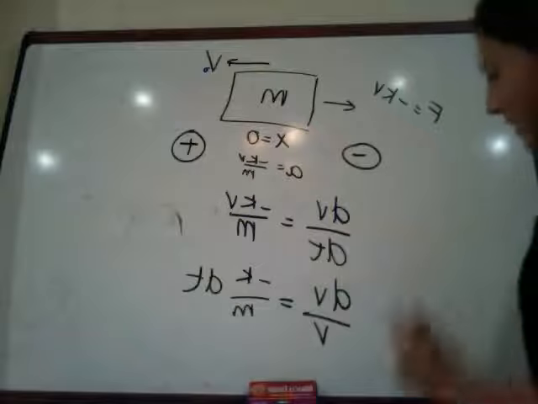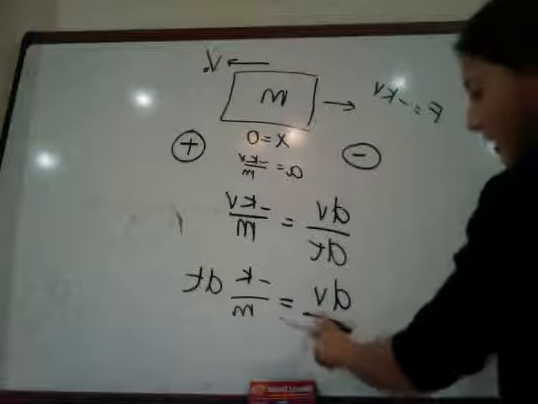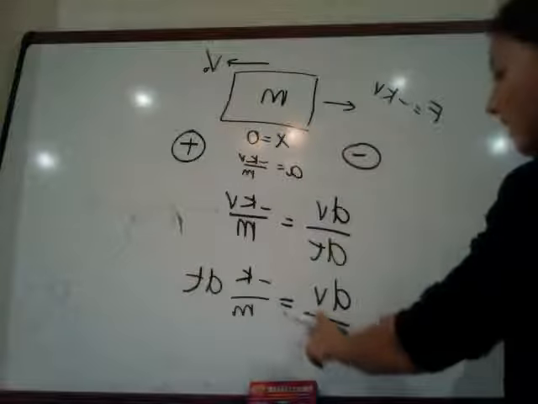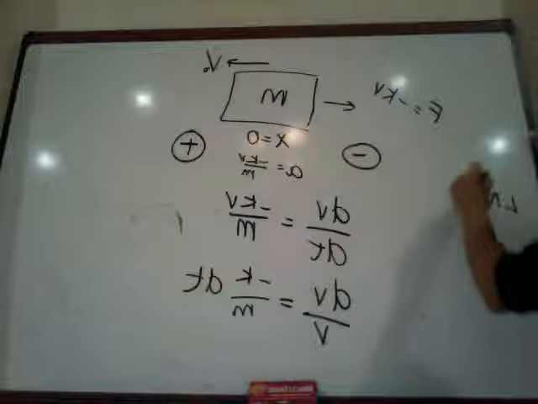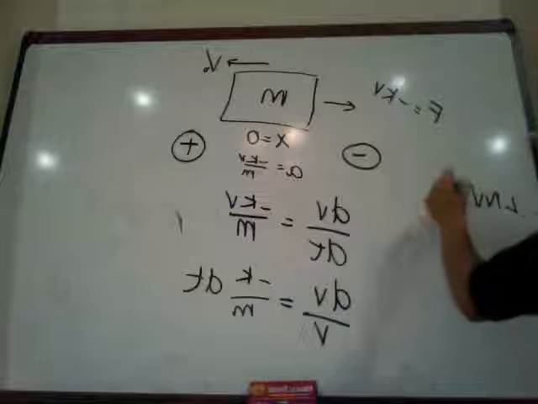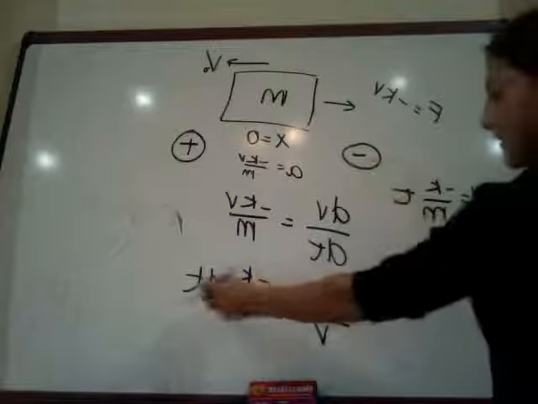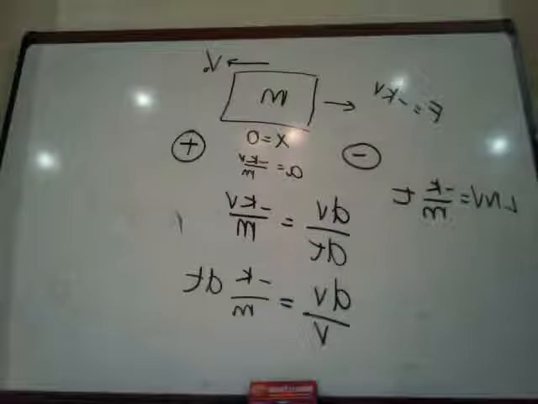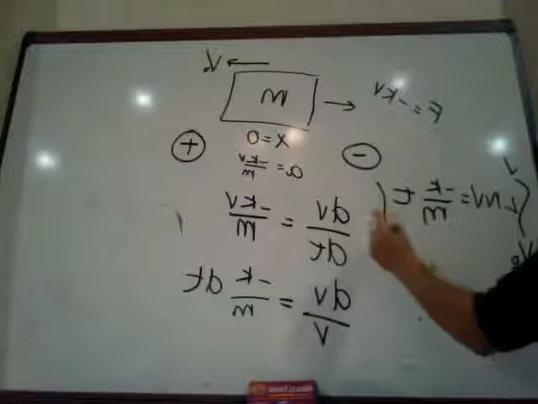Now what I have to do is integrate. So I see that v is on the bottom, so it becomes v to the negative 1. V to the negative 1 integrates to ln v, and that equals negative k over m t, because I just get rid of the d. I'm integrating dt. I know that velocity goes from V0 to v, and time goes from 0 to t.